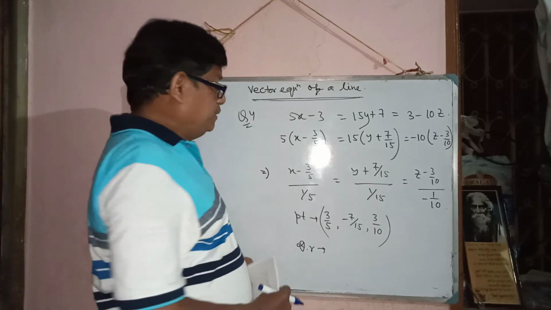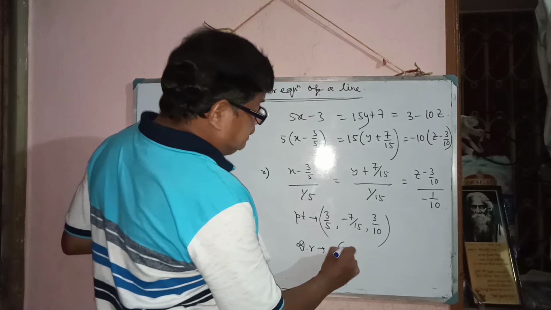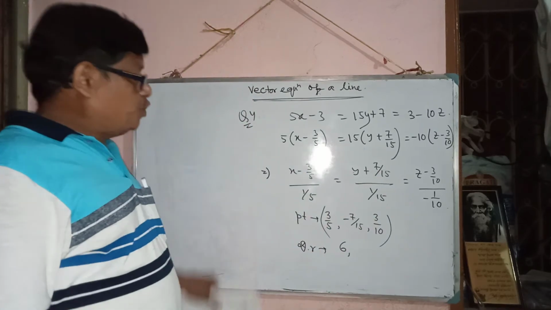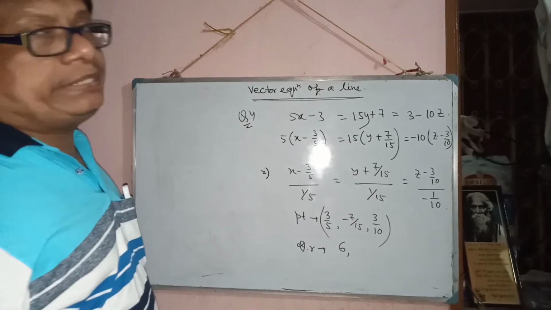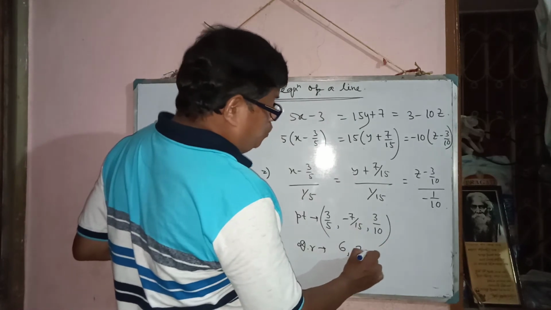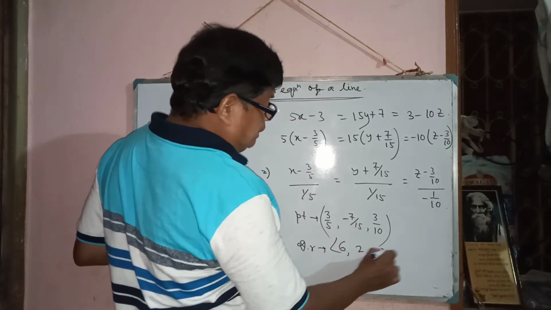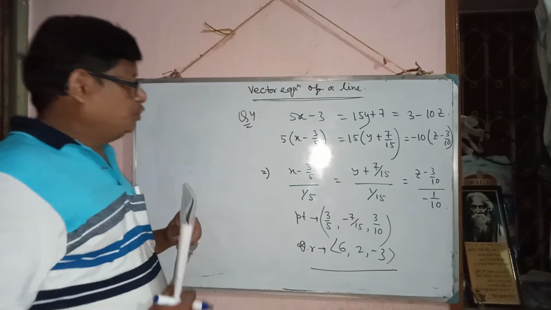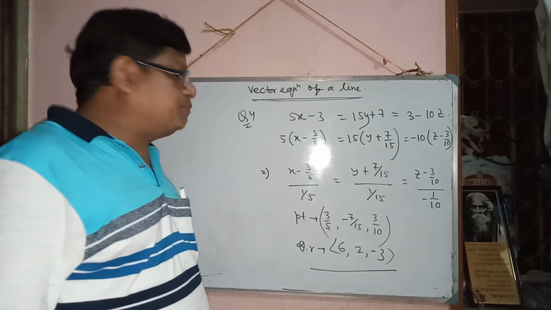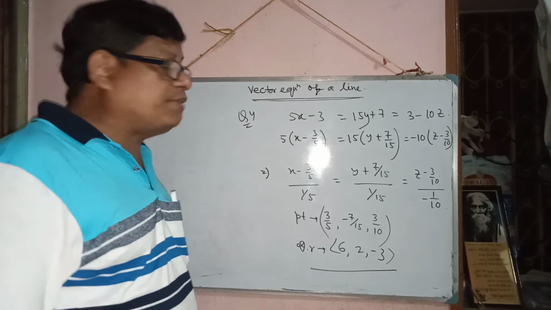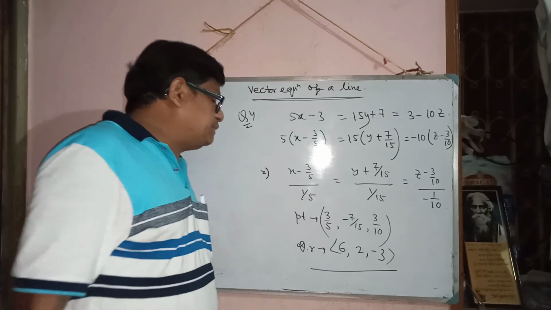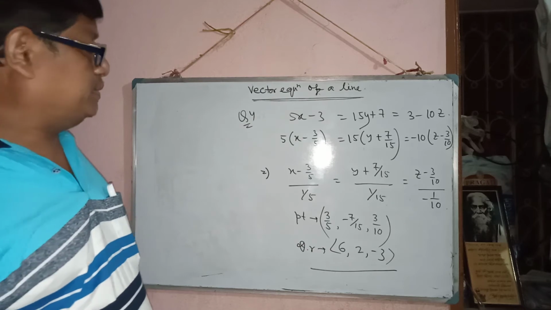LCM is 30, so multiply by 30: 1 by 5 into 30 is 6, 1 by 15 into 30 is 2, and here minus 3. So these are the direction ratio. The point is 3 by 5, minus 7 by 15, 3 by 10, and the direction ratio is 6, 2, minus 3.